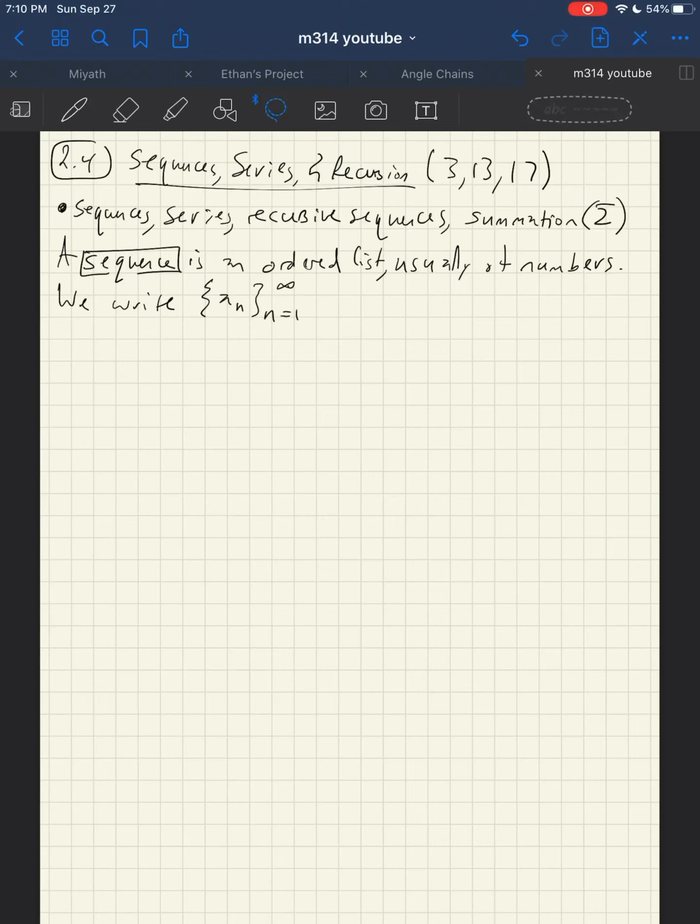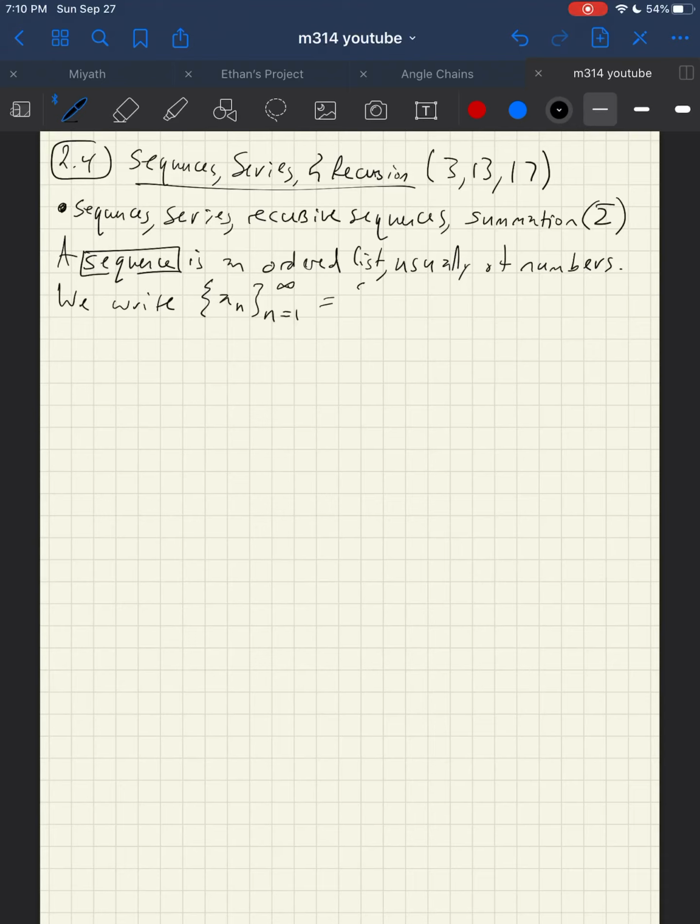This notation means that each element is called a and it's indexed with an n, and n is starting at 1 and going up to infinity. Sometimes n could start at 0, or n could go from negative infinity to infinity, or n could go from 1 to some constant, but this is typically how we write things.